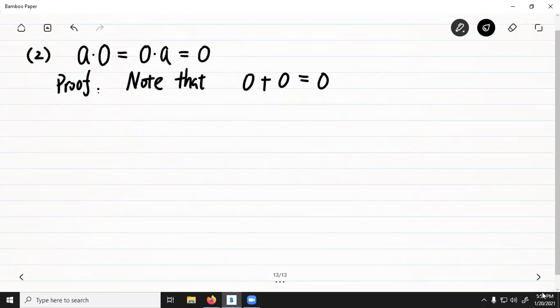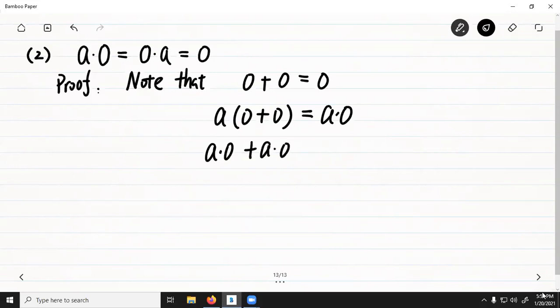Then we multiply a number a on both sides. Then we can use the distributive property. This is equal to a times 0 plus a times 0 equals a times 0.